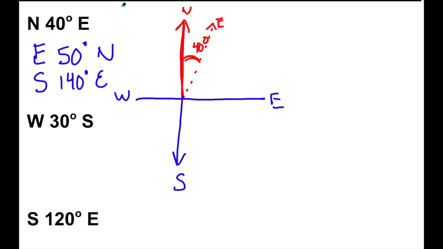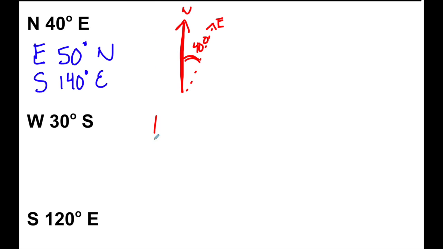On the second one, I've got west 30 degrees to the south. I'll set this up again. It's again north, east, south, west. Never eat shredded wheat.